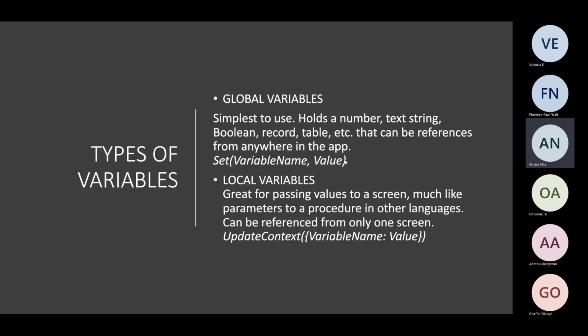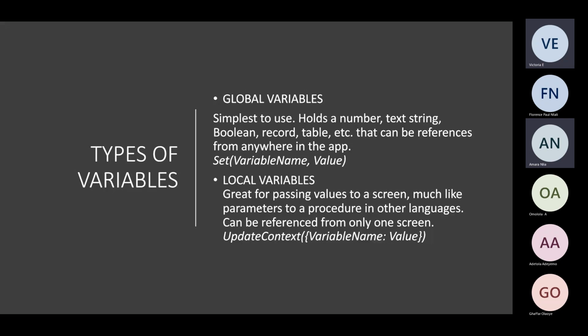We have another type of variable, and it is called the local variable. The difference between these two is that the local variable is limited to a screen. So when I set a variable on a screen, I cannot reference it in another screen. That's just the difference between the two. The way we write the local variable is UpdateContext, open brackets, open brace, variable name, and the value of the variable.